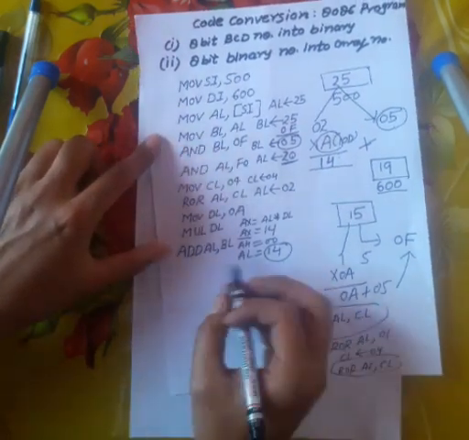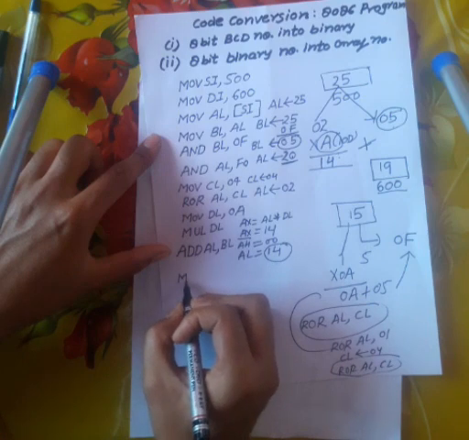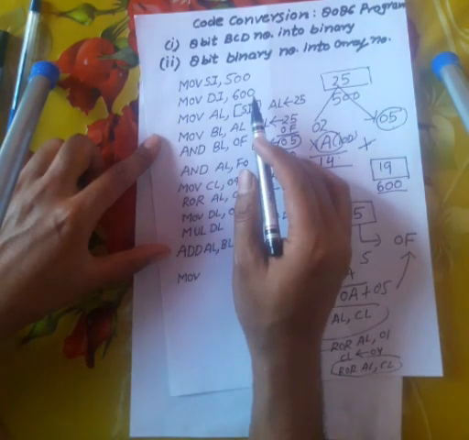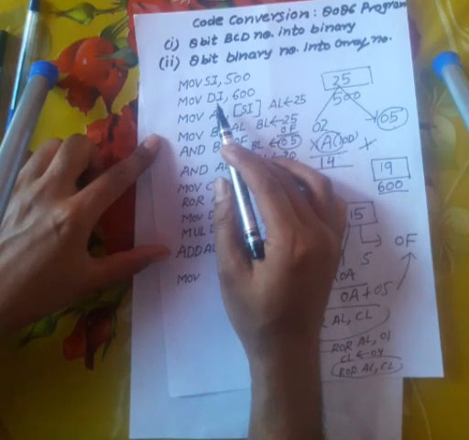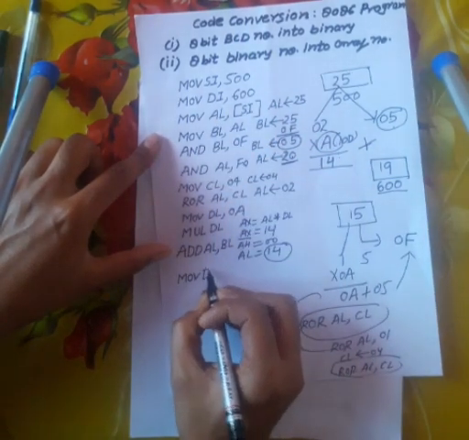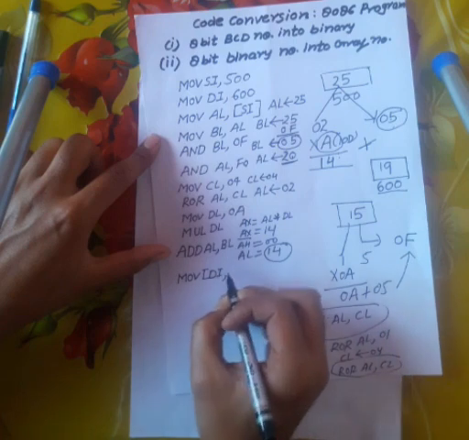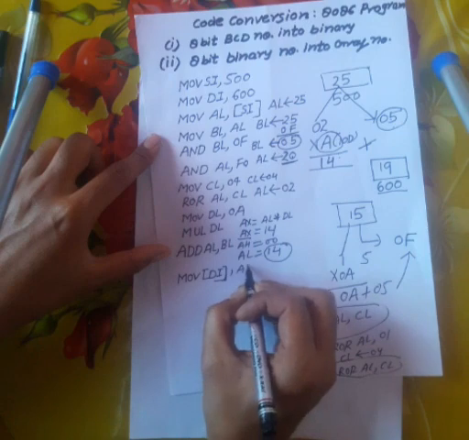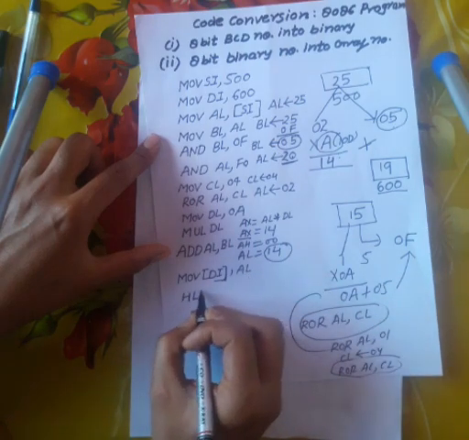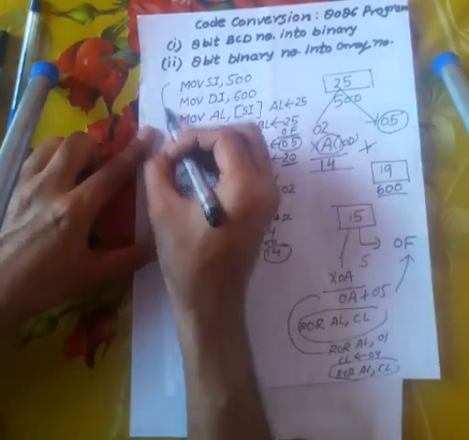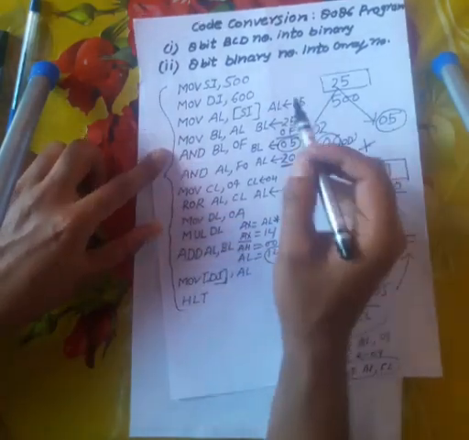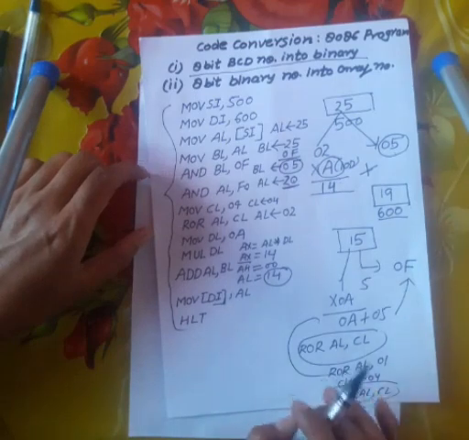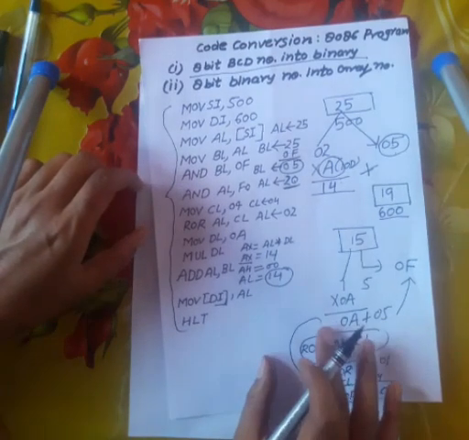Finally store the result in 600 offset, and the value of 600 is the value of DI. So move bracket DI comma AL, halt. In this way you can perform 8-bit BCD number code conversion into a binary number.